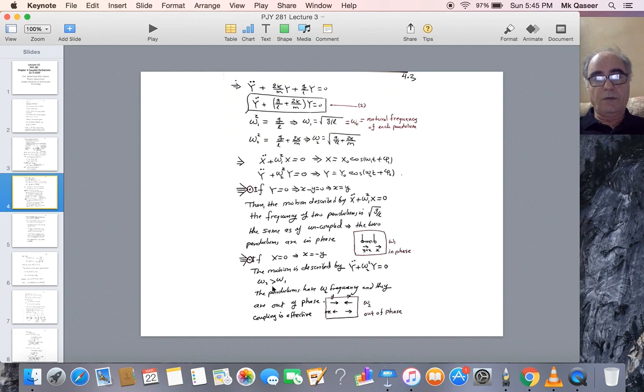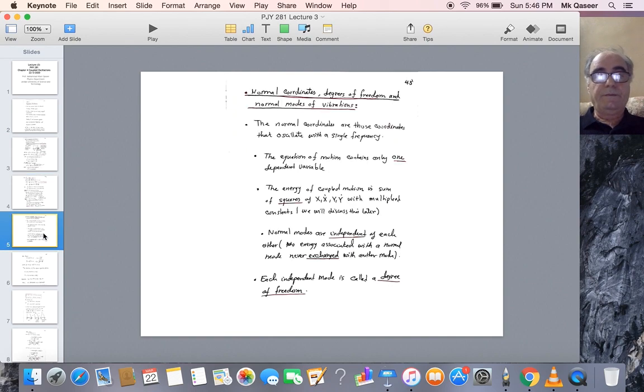Omega 2 is greater than omega 1. So the two pendulums are now out of phase. If the right mass moves to the left, the left mass moves to the right, and vice versa.